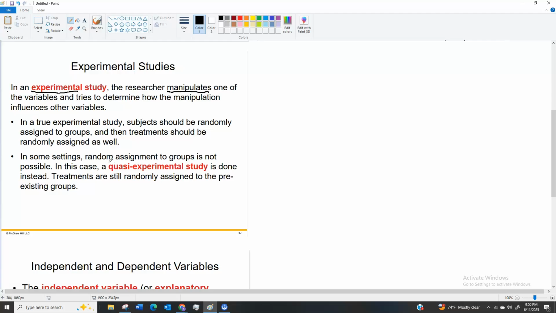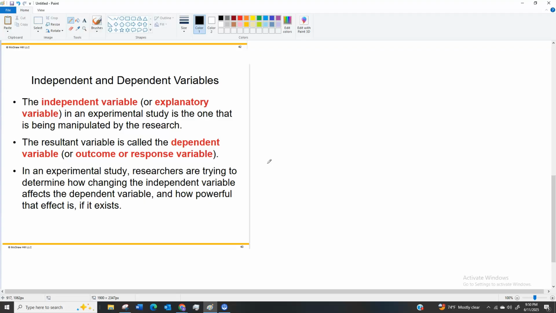We probably won't talk about that anymore after this, but quasi means kind of experimental study. And in this case, the treatments are still assigned randomly, but the groups are pre-existing. So if you're looking at a group that you can't divide randomly because they're already predetermined, that would be a quasi-experimental study.